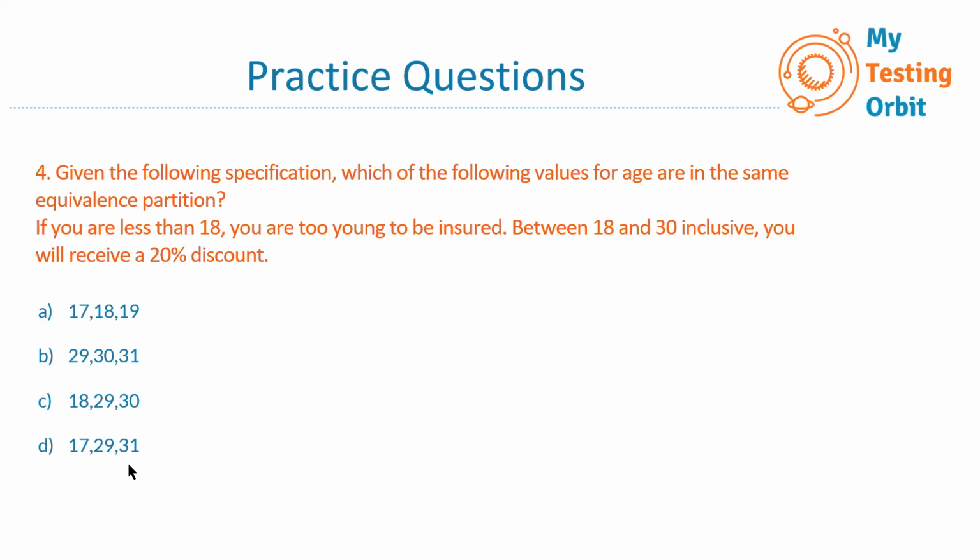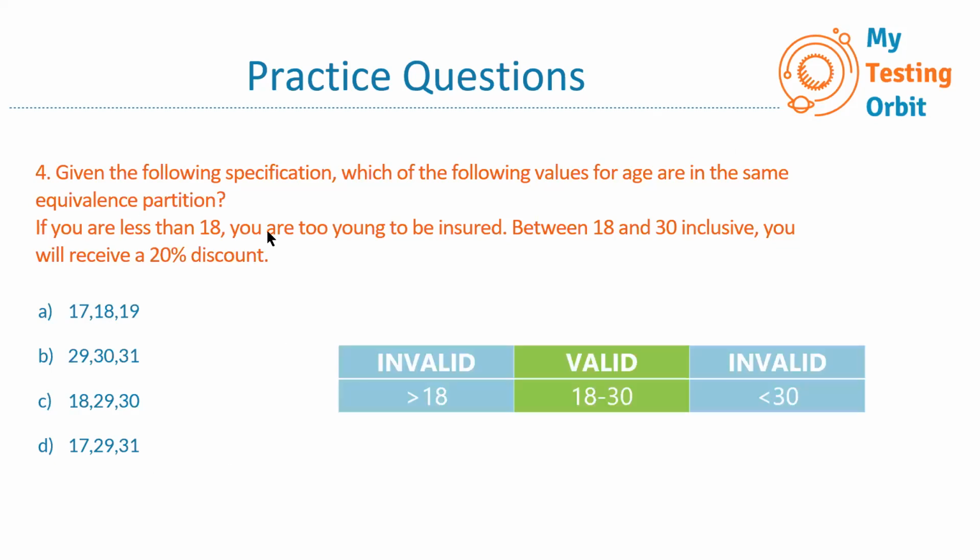So let's have a look at which one is the correct option. Let's go through the question again. It says, if you are less than 18, you are too young to be insured, which means anything less than 18 is in our invalid group. Our valid is between 18 to 30 inclusive, which means including 18 and 30.